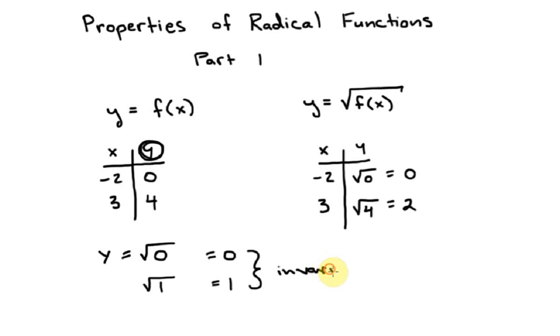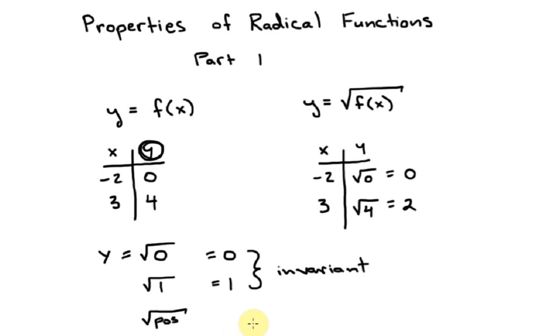They don't move. They are in the exact location they were to begin with. The other thing is that when you square root, it has to be positive. Function values that are negative, we can't square root those, so they simply don't exist.